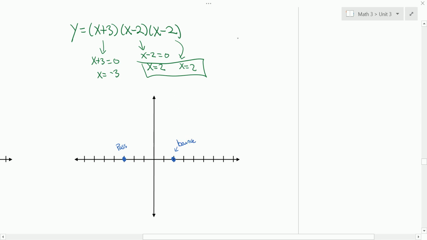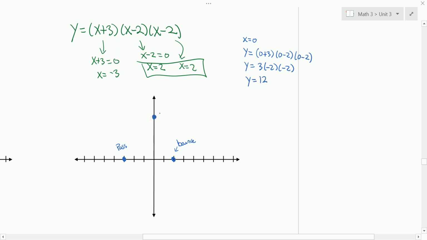I'm going to look for the y-intercept, so I'm going to plug in 0 for x, and we get y is 0 plus 3 times 0 minus 2 times 0 minus 2, which is 3 times negative 2 times negative 2, which is 12.